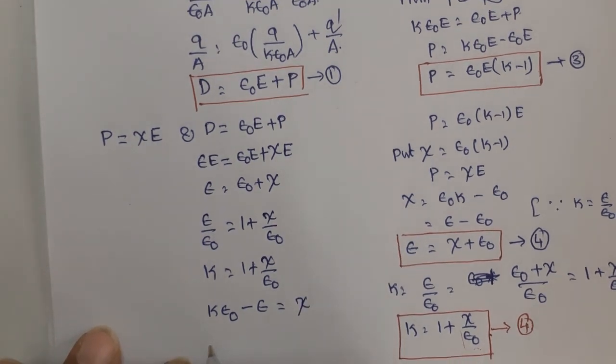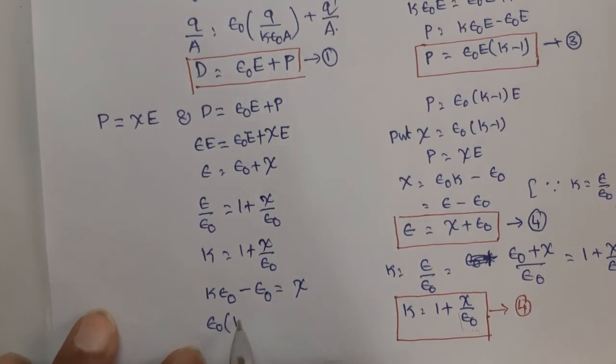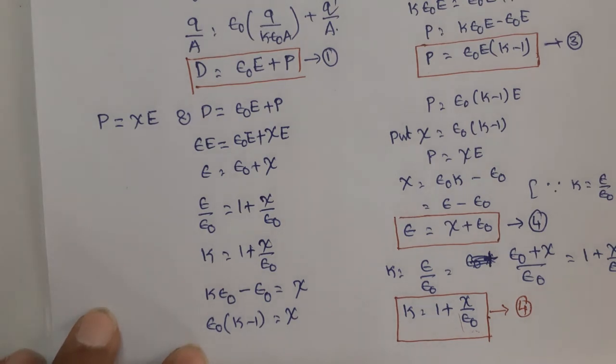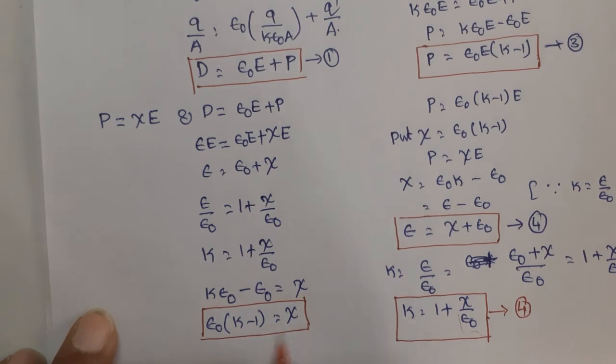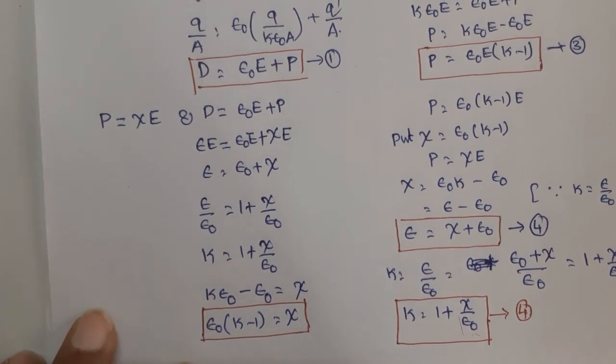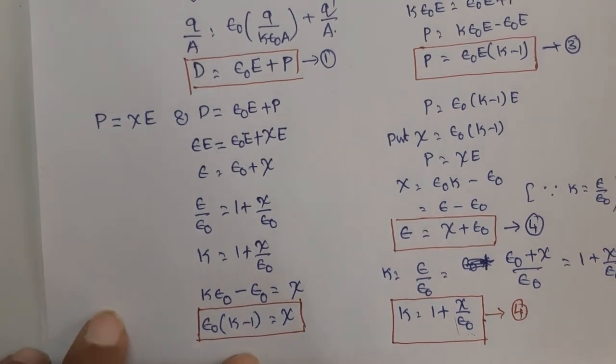Taking epsilon naught as common, epsilon naught into K minus 1 is equal to xi. This is another relation. I am writing the same equation in another way by simplifying. Now these are the various equations.